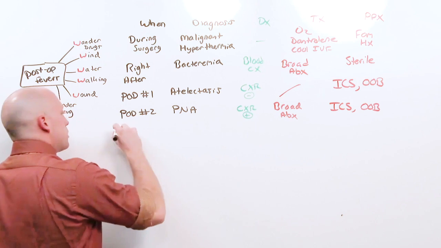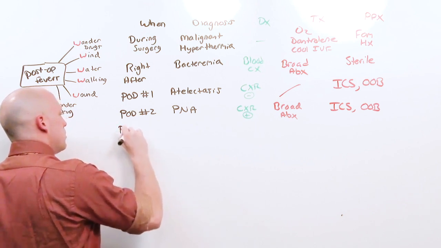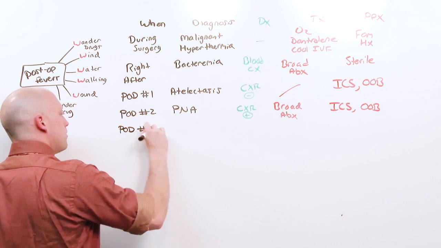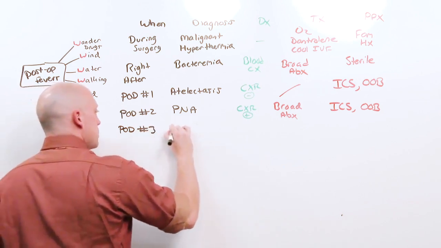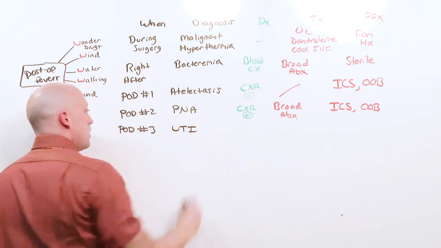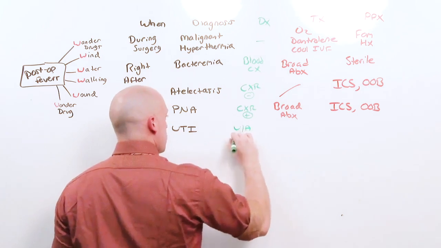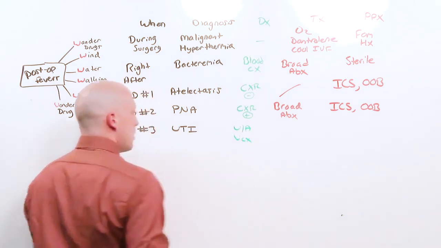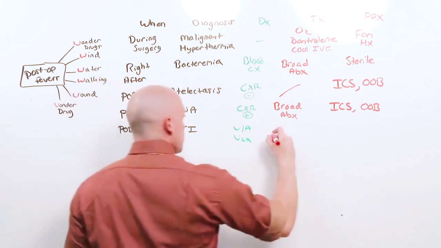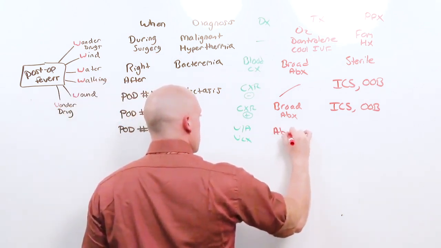Once you get to post-op day 3, you're into the next W, which is water. That reminds us the person could get a UTI. And urinary tract infections are going to be diagnosed on urinalysis and confirmed by urine culture. The treatment here is going to be antibiotics focused at urinary tract infections.